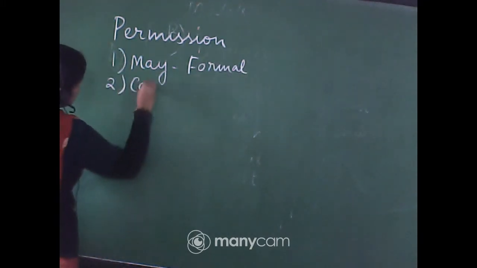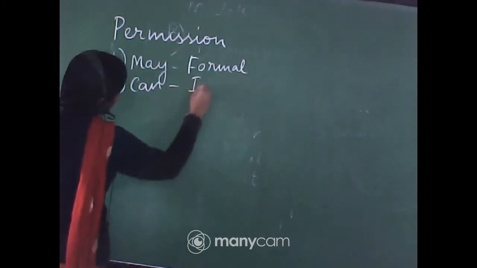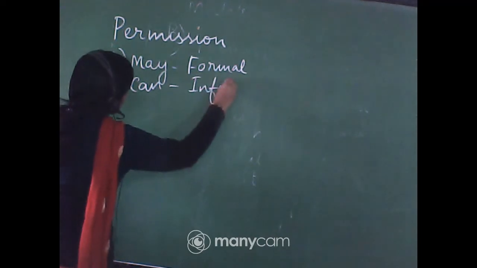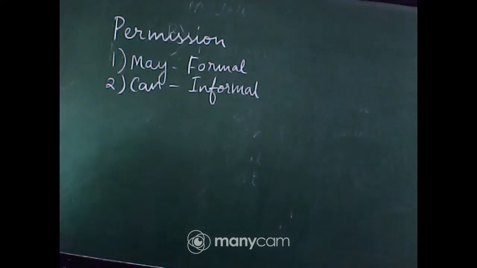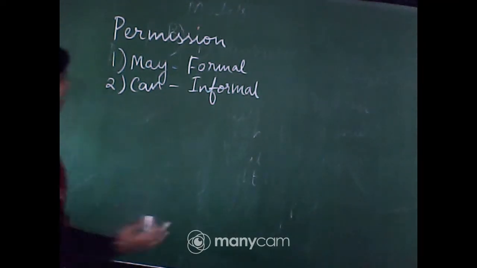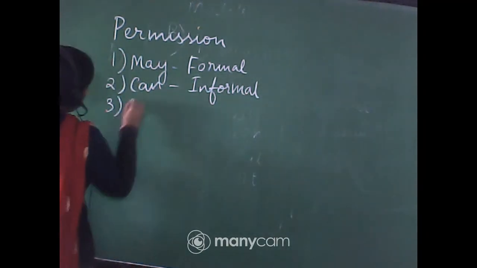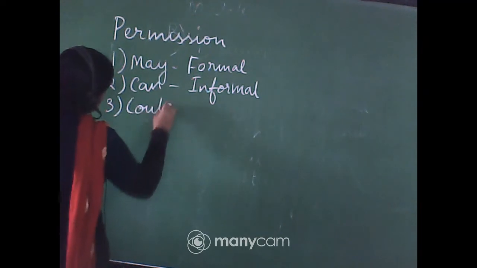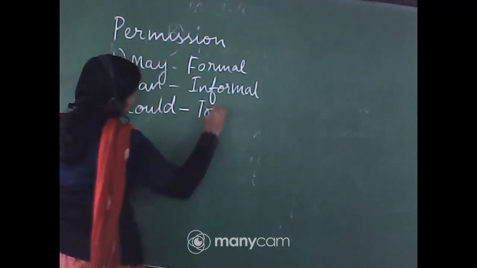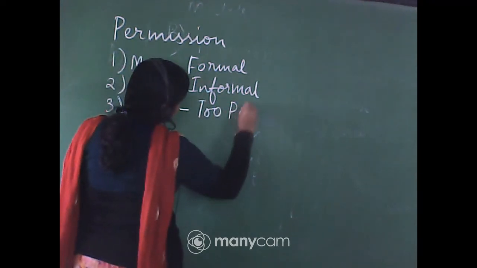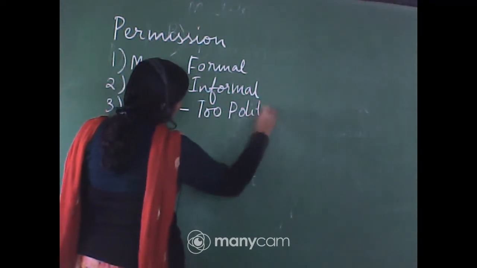Can, informal permission. Suppose you are asking permission from your family member or relative with whom you share an informal relation or a personal relation. And could is used sometimes as a past form of can, and when you want to be too polite, then also you use the word could for asking permission.